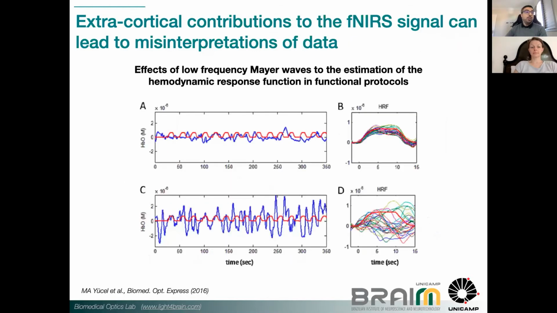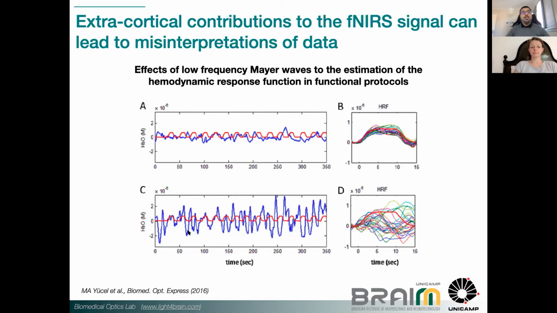Other people actually show that for different situations. This is a very interesting study from Miriam, I guess. She probably talked about this in a previous educational tutorial. It concerns the effect of low frequency oscillations, which we call Mayer oscillations, due to low frequency pressure oscillations in the brain, and how they can affect the estimation of the response to a task.